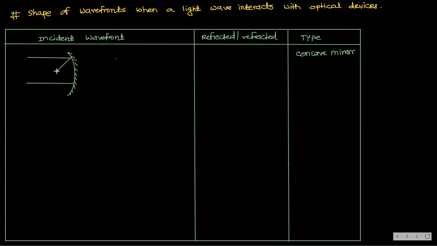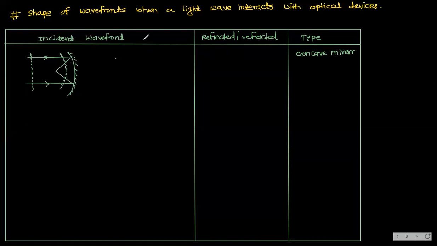It meets at focus after reflection, right? Yes, you know this. So this is plane incident wavefront. It is coming from infinity, and when it is reflecting, how will it be? Something like this. Yes or no? Check it. Like this only, no? For this reflected beam.